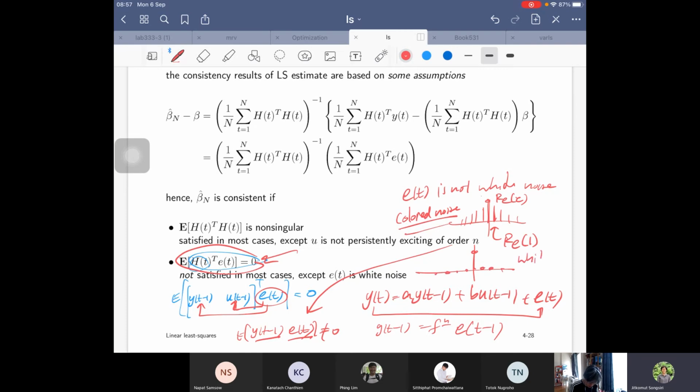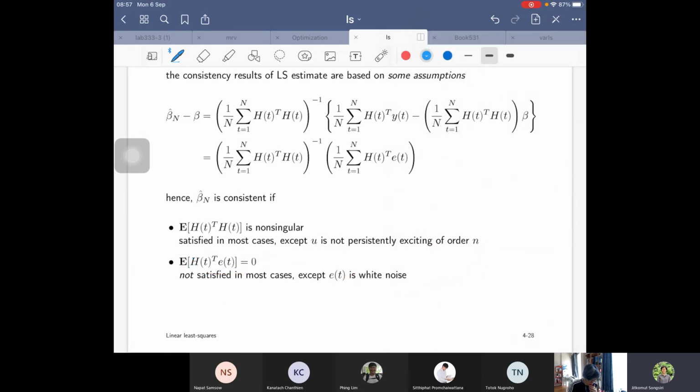How does it change the result? Because your y_{t-1} is a function of e_{t-1}, and if the noise is white noise, the result of the correlation here is 0. Okay, so the assumption here is fulfilled.